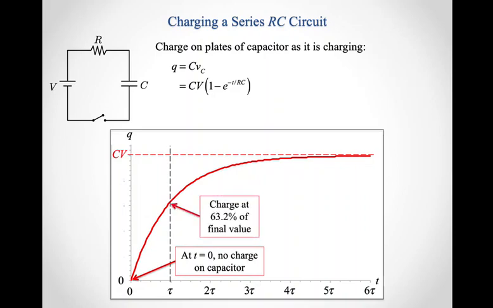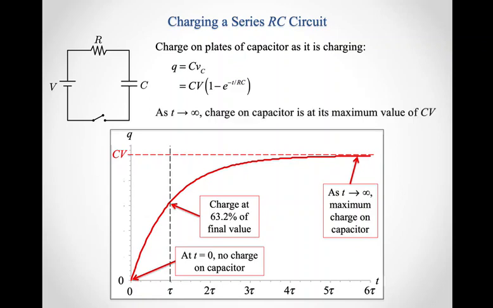After one time constant, that charge is up to 63.2% of what will be its final value, and its final value, as t approaches infinity, ends up being equal to C times V. So the capacitance times the voltage of the battery. What this means, of course, is that once the capacitor becomes fully charged, it will have a charge of C times V sitting on those plates.